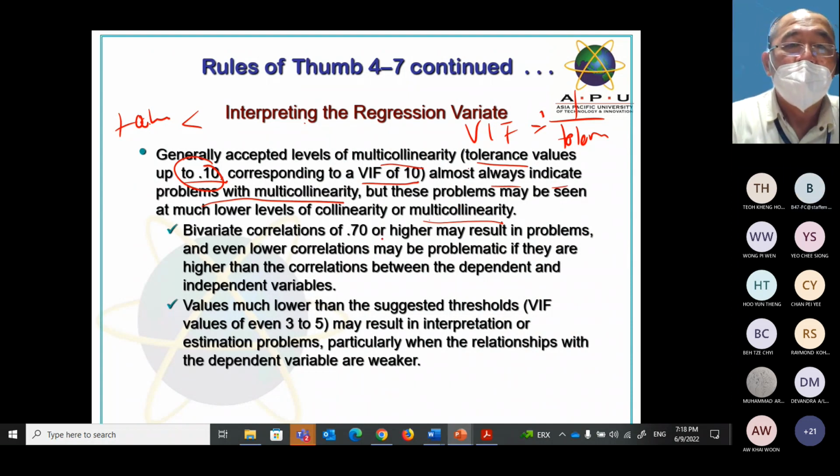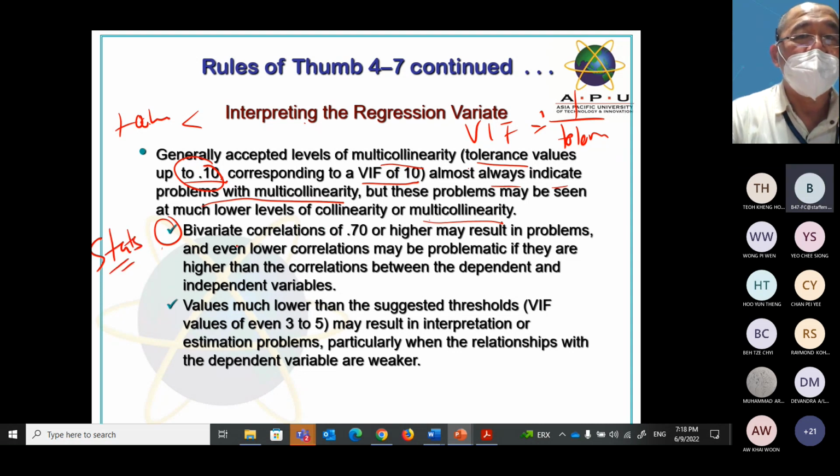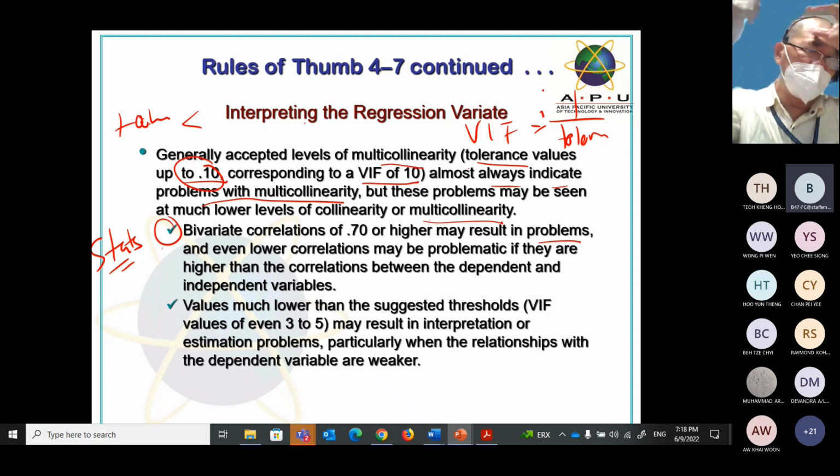Bivariate correlation means the correlation between two variables. This was also discussed already by your stat lecturer. A bivariate correlation of 0.7 or higher may result in problems. When you do the correlation matrix and you see any pair with a correlation of more than 0.7, you must be careful.